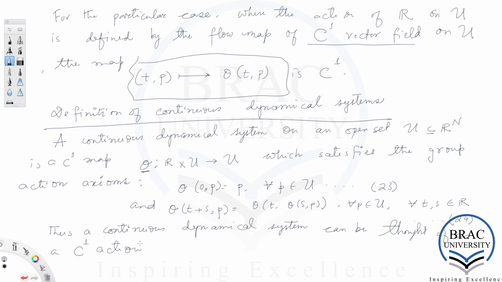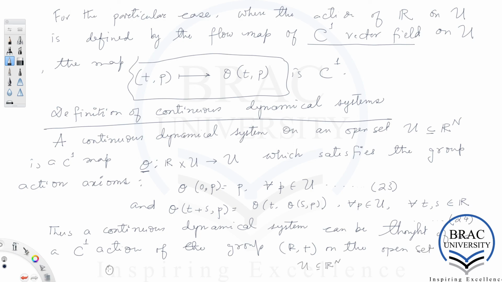So in that sense, it's a C1 action because the flow map is actually the action, right? So it can be thought of as a C1 action of the group R comma plus, meaning that it's the additive group of real numbers, on the open set U of R to the n.